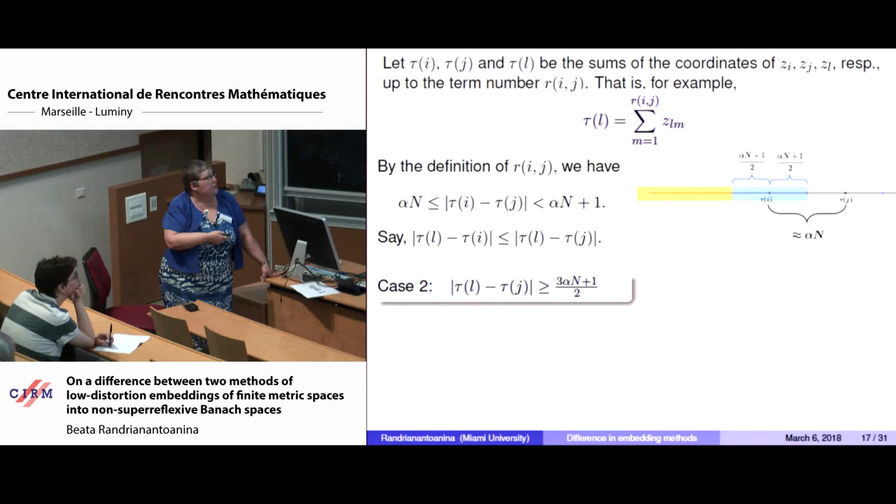So as I keep moving forward, the second case is very similar, right? Rather than my tau L being in the blue interval, it's in a yellow interval away from T of I, right?